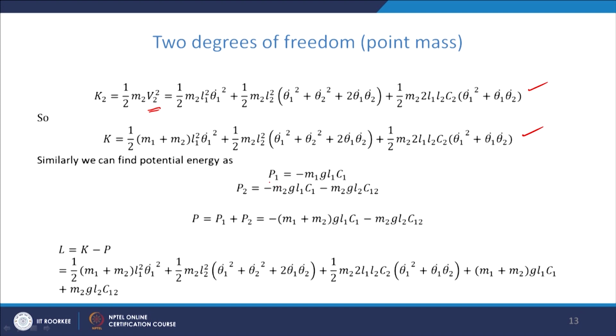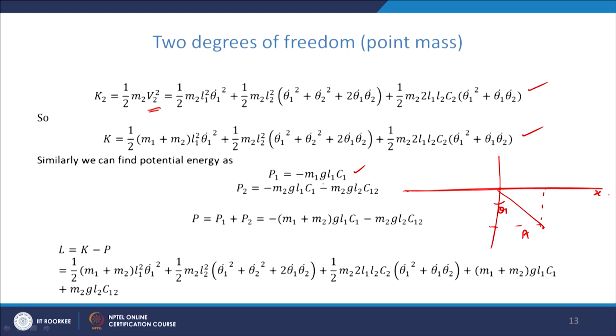Similarly, the potential energy. So, we get the first potential energy P1 as minus mass into gravity into L1 cos theta 1. In this particular formula, the zero potential line is taken as the x axis itself. So, the point A is here, the height from this particular line is minus L1 cos theta 1, where theta is this value.